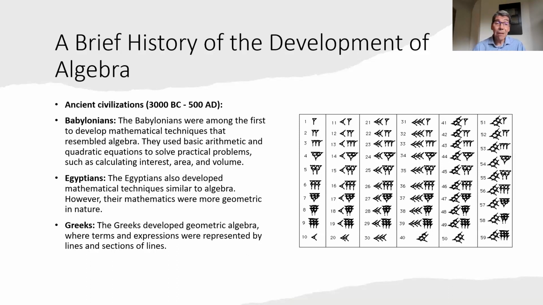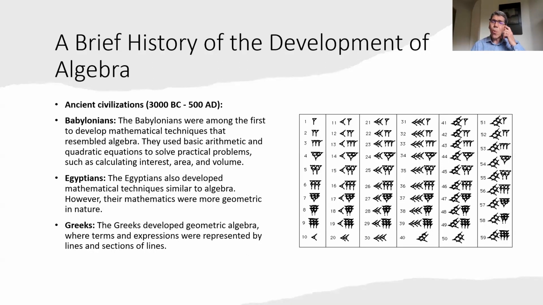The Chinese independently developed their own way of counting, of mathematical symbols. The Egyptians also started using mathematics to solve very simple problems, but important problems.